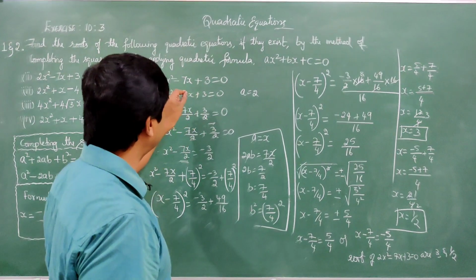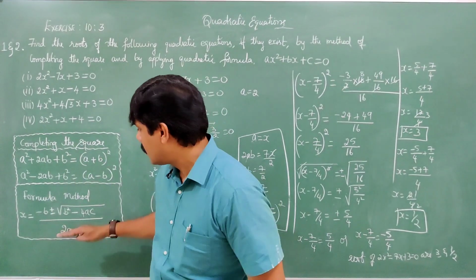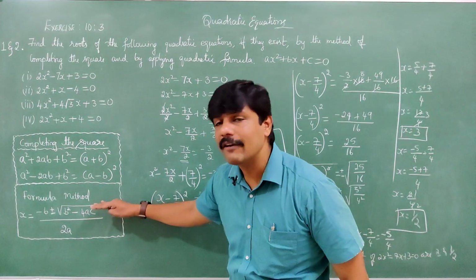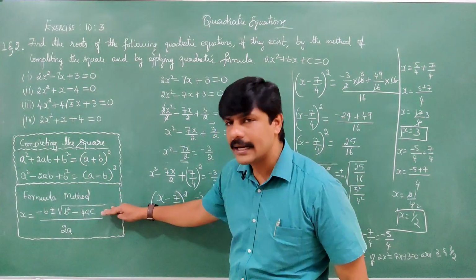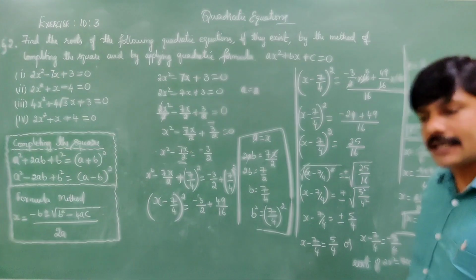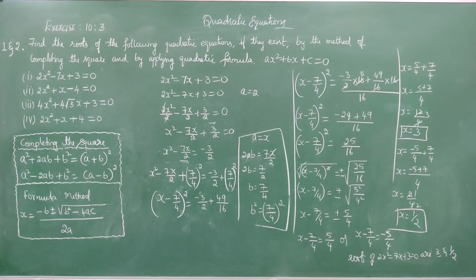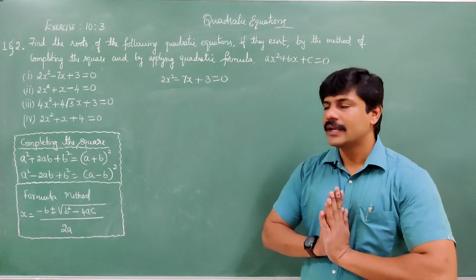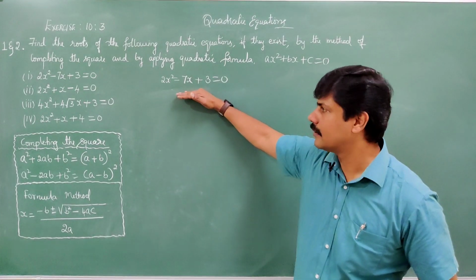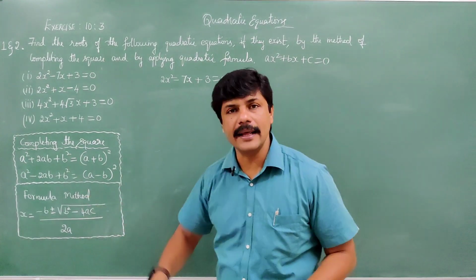The same problem now I am going to solve by applying the quadratic formula. Same problem, and you will get the same answer. Understand? Now, the same question we will solve by applying the quadratic formula.